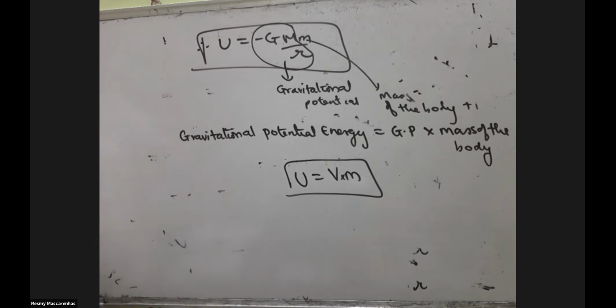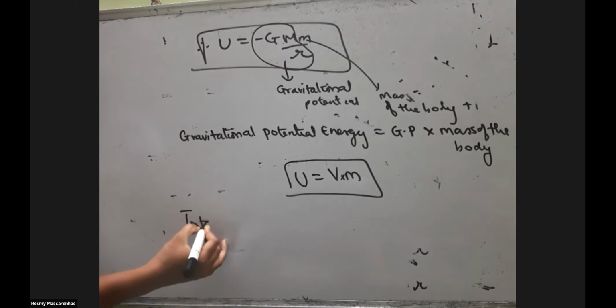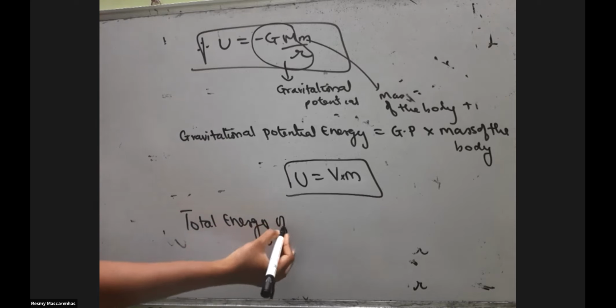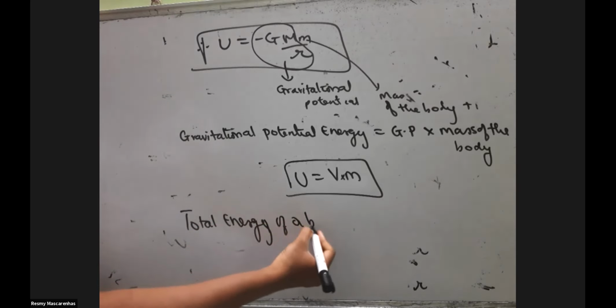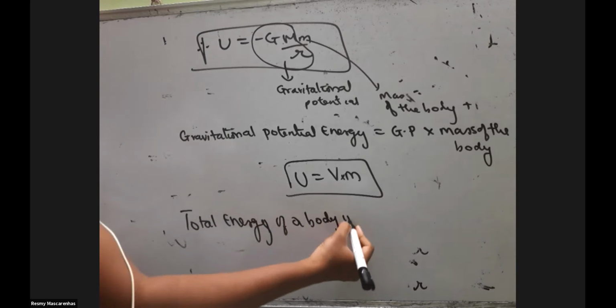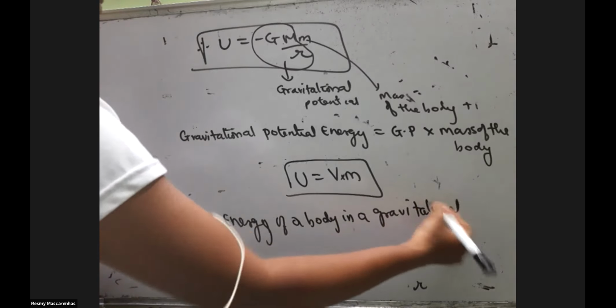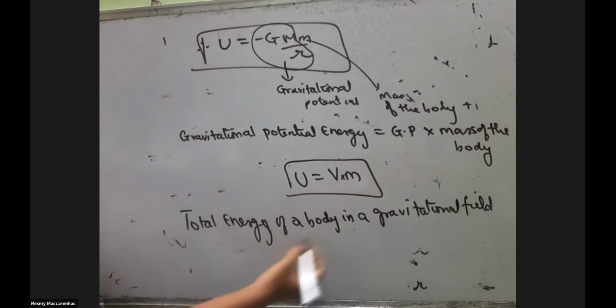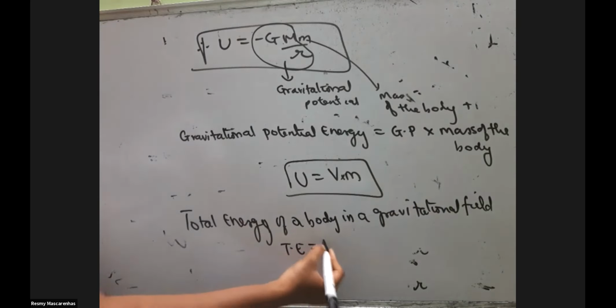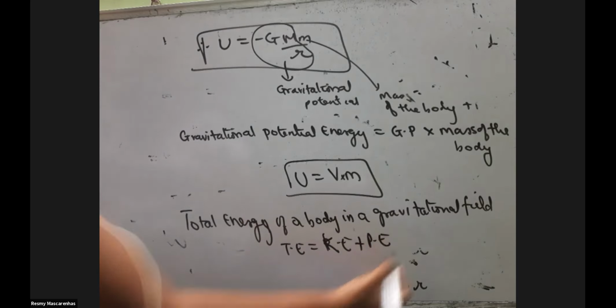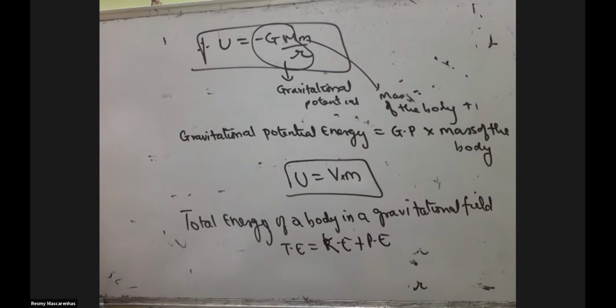Based on this, there is another formula, the total energy of a body in a gravitational field. Total energy, you know, is nothing but kinetic energy plus potential energy. Kinetic energy formula is what? Half mv square.